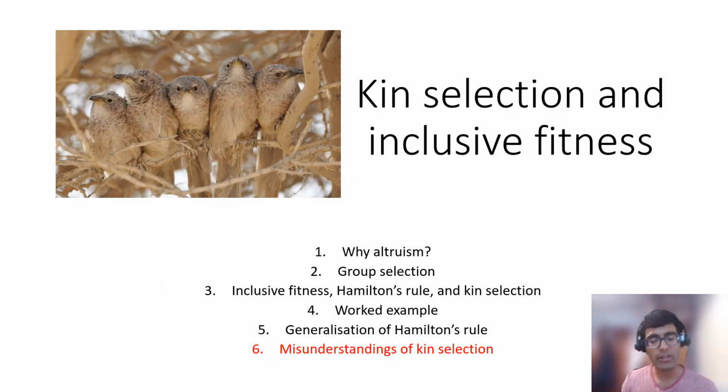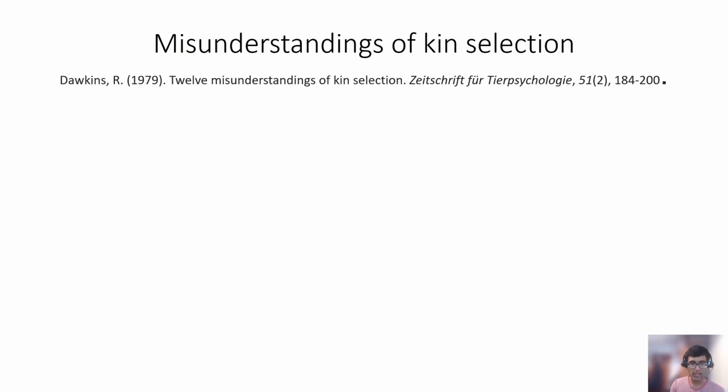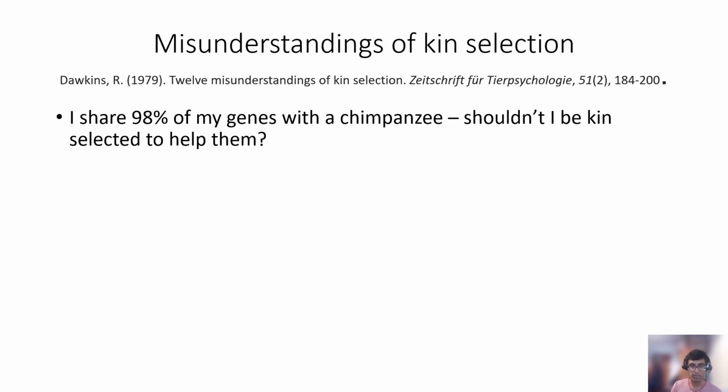Okay, the final thing that I want to talk about today is a misunderstanding of kin selection. This Dawkins paper, 12 misunderstandings of kin selection, is a really useful one to look at if you're at all confused. He goes through 12 very easy misunderstandings to make, and I'm just going to go through one of them.